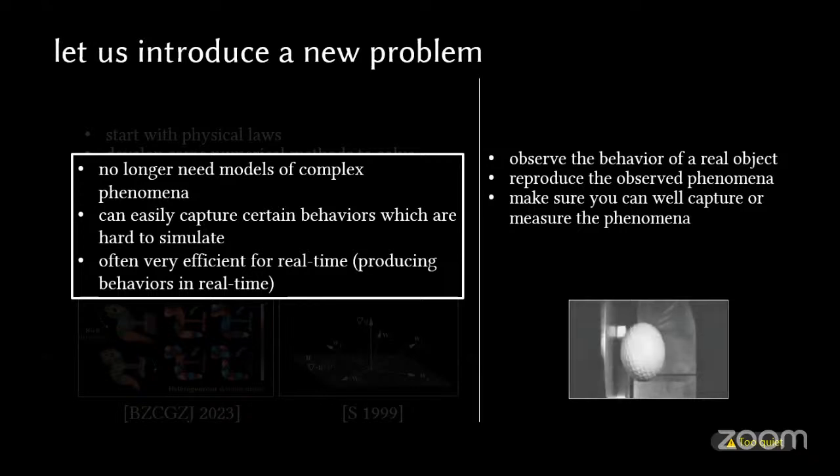So we'll just observe the behavior of a real object. In that case, we'll bypass the need for specific physical laws, and we can capture behaviors that are difficult to simulate using traditional methods. We can also run simulation in real time.